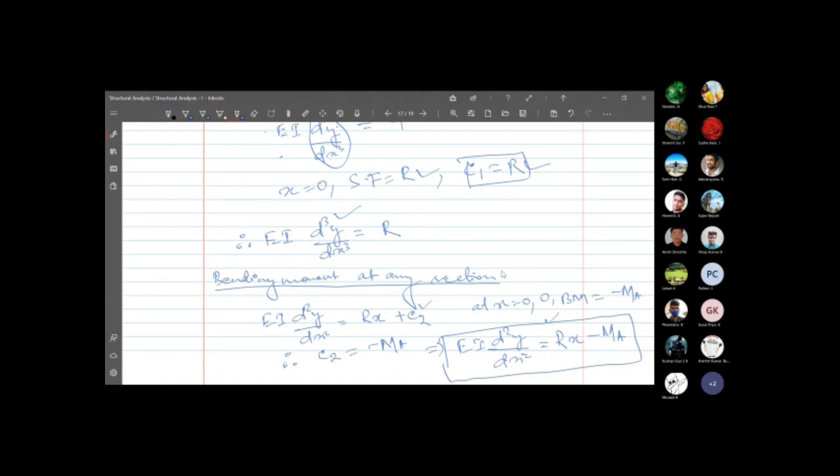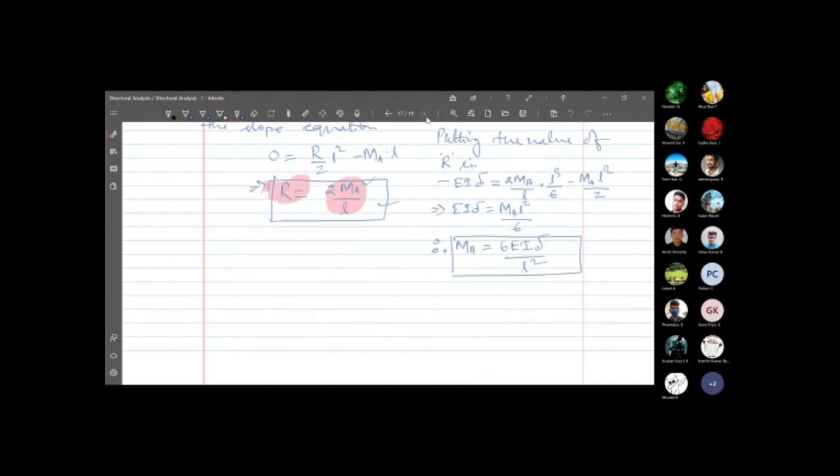So what will be the value of R now? I'll put the value of ma here. R equals 2 by L into, instead of ma, 6 EI into delta by L square.